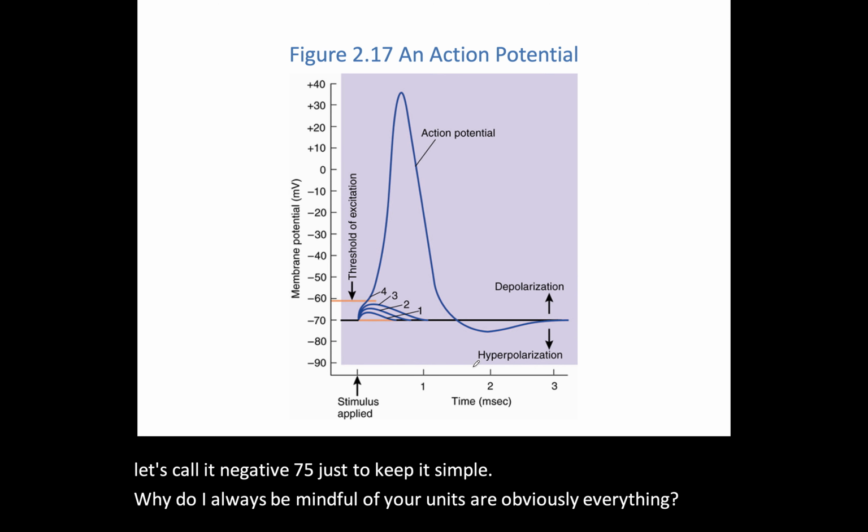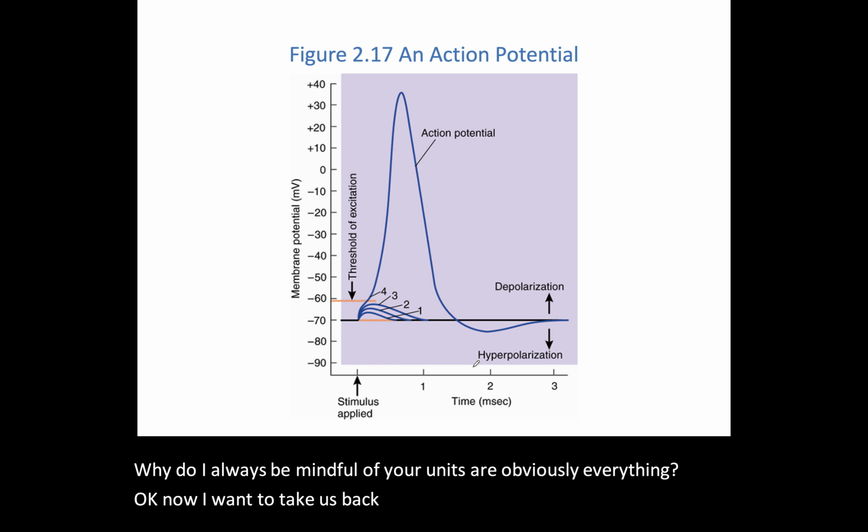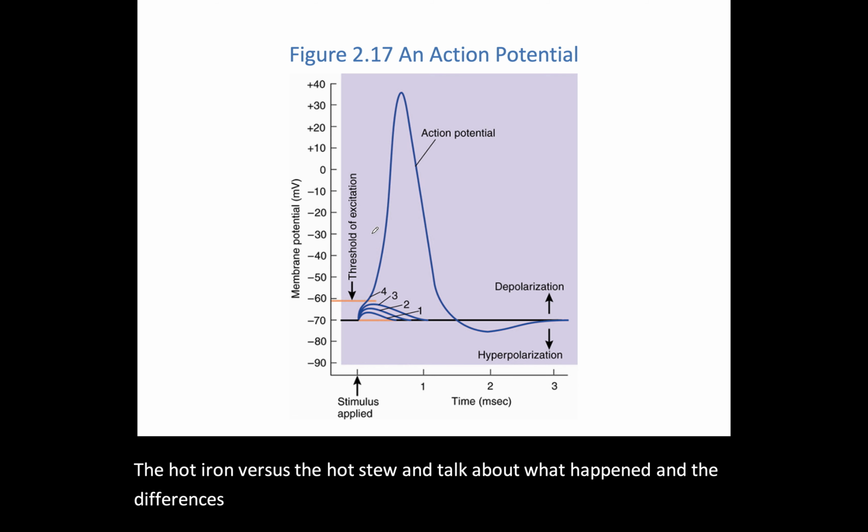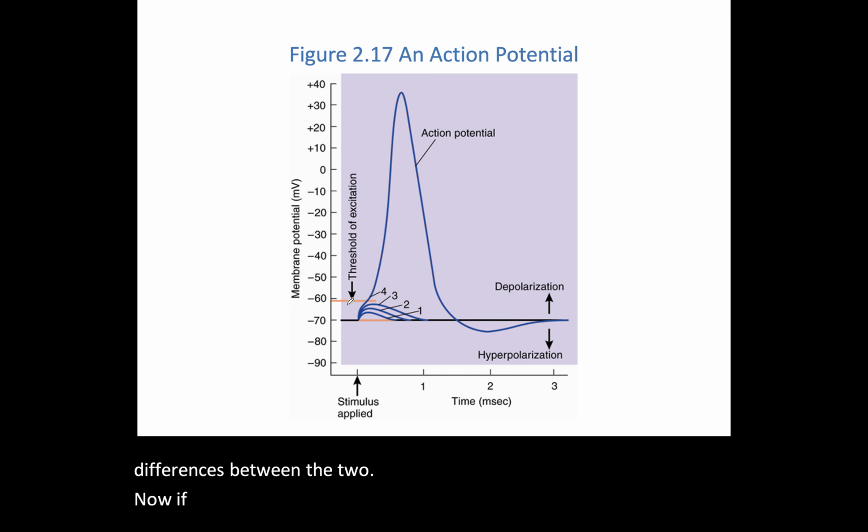Okay, now I want to take us back to the hot iron versus the hot stew and talk about what happened and the differences between the two. Now, if we do some simple math, it takes a 10 millivolt stimulus to get us from rest to threshold. So let's imagine the iron. Let's see if I can draw an iron.